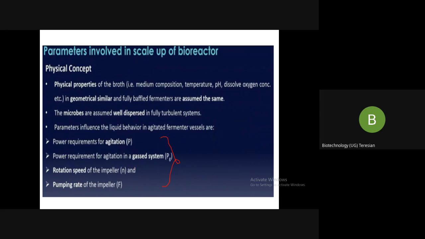Now, you can ask the question, how is the power going to affect the fermenter scaling up? You all know that most of the power is consumed by what? It is consumed by the agitator. So how much power is required for mild agitation?